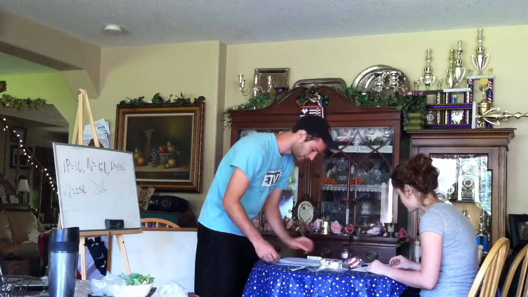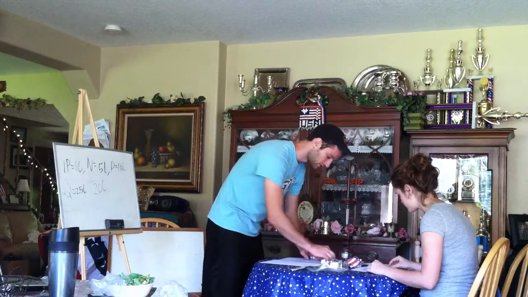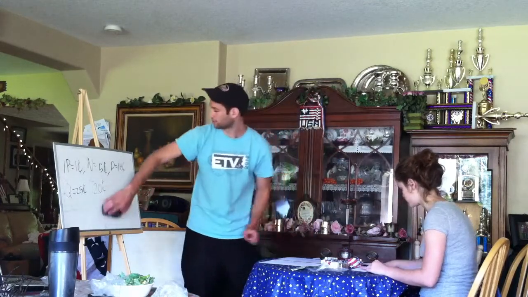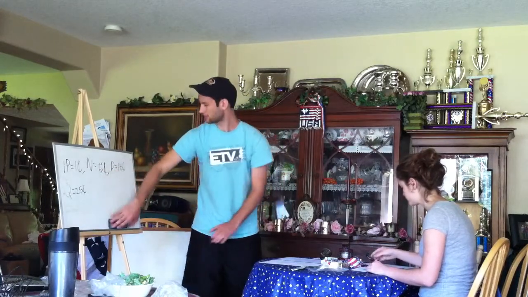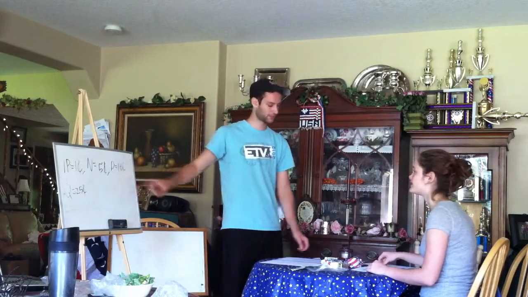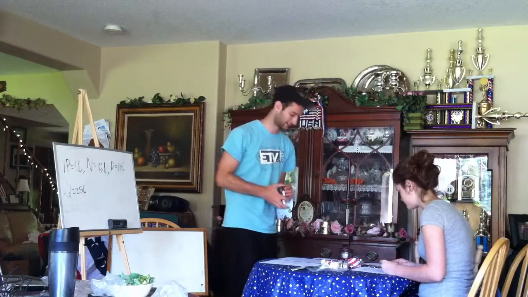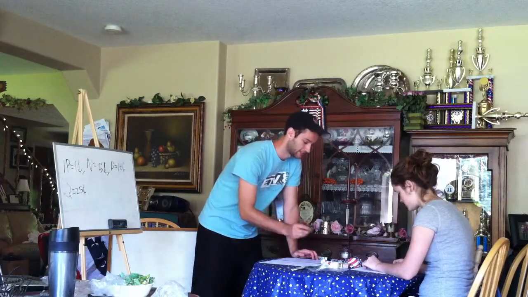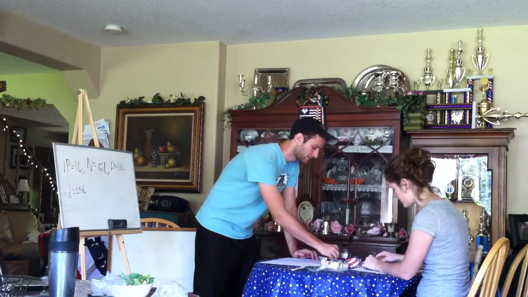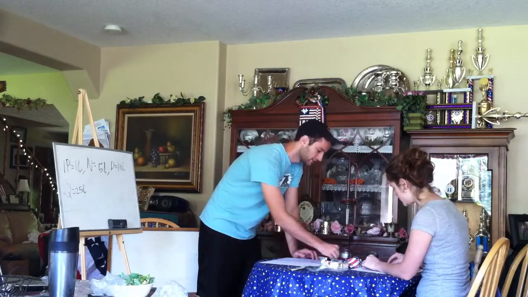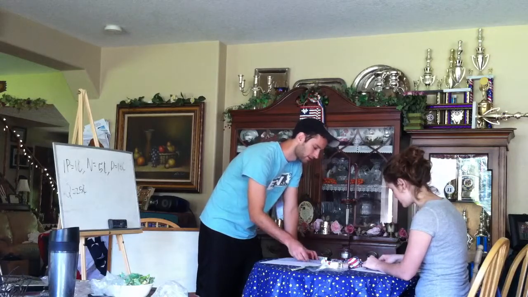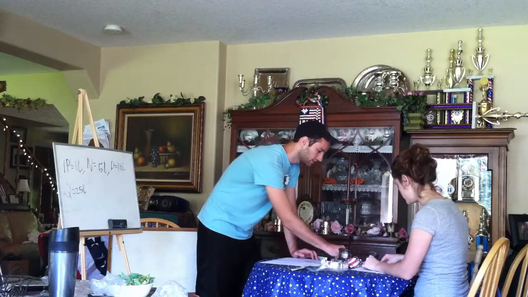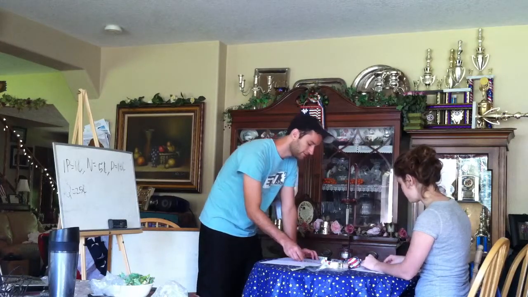Now let's count using our dimes. So a dime equals how many cents? 10. So we're going to count by 10. So using your dimes, let's count to 50 cents. Okay. 10, 20, 30, 40, 50.